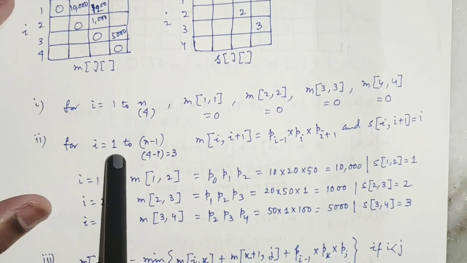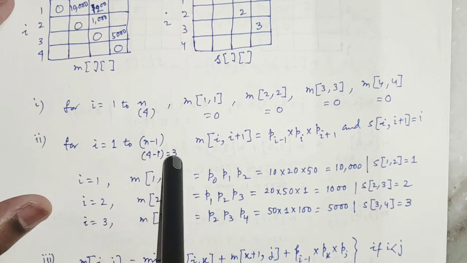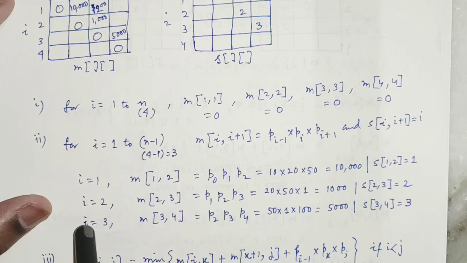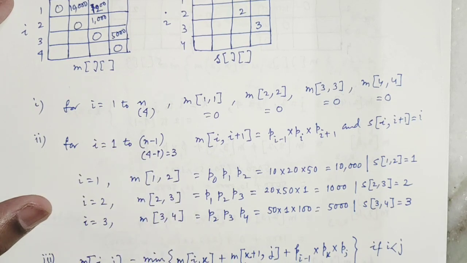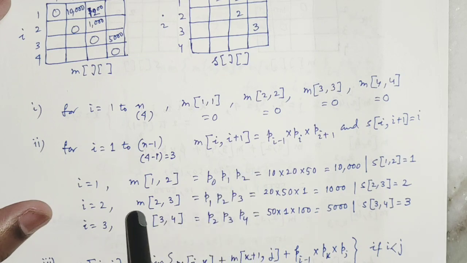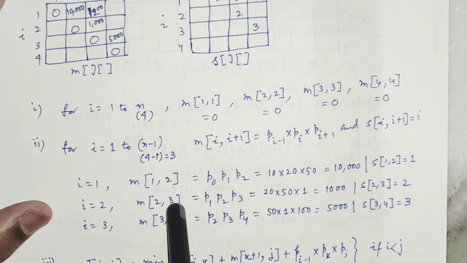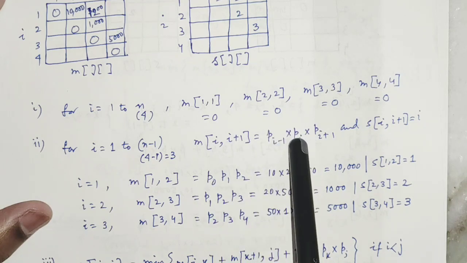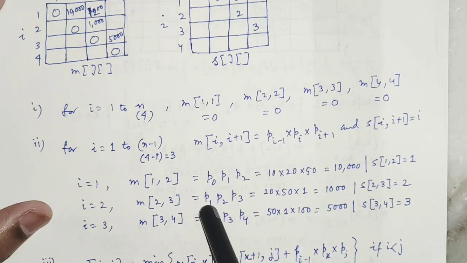Similarly, when i equals 2, because you have to repeat i equals 1 up to 3, it will be m of i comma i plus 1, that means m of 2 3 we are going to calculate. So the formula is p i minus 1 into p i into p i plus 1, that is p1 into p2 into p3.